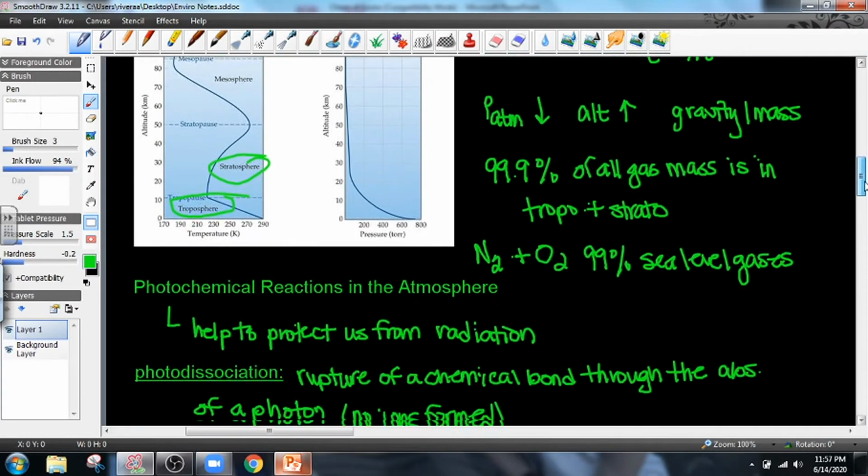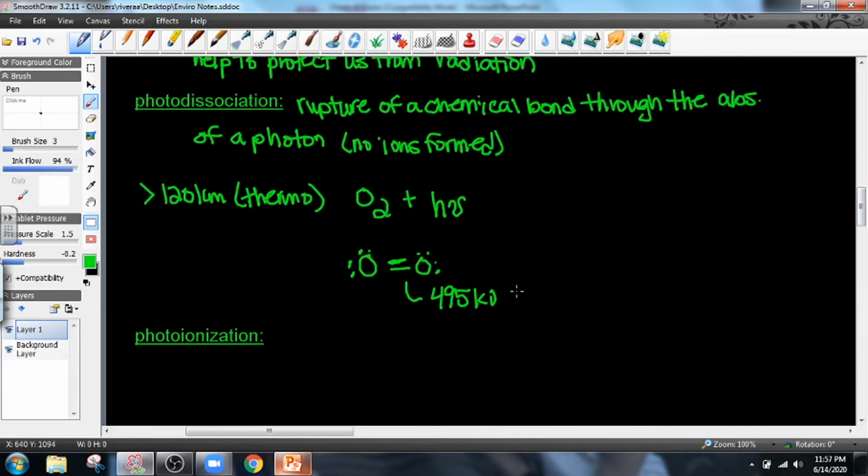But I'll tell you right now, the necessary wavelength, we know that frequency and wavelength are inversely proportional, is around 242 nanometers required to break apart one oxygen bond. Now this 495 is kilojoules per mole, so of course you'd have to use Avogadro's number. The point is you've done these calculations before.